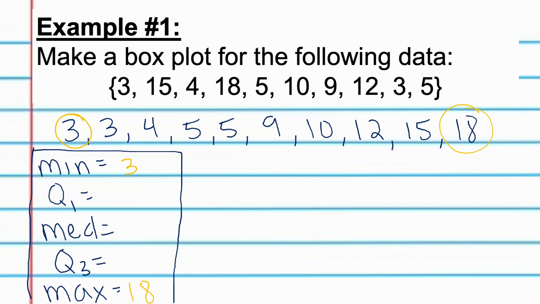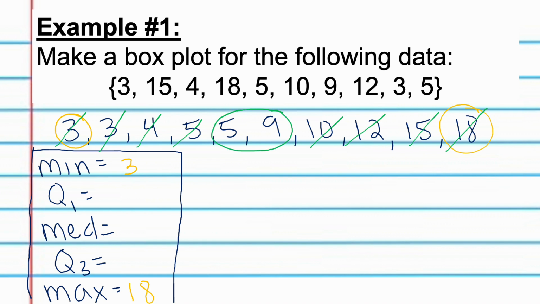The next thing we need to find is our median. So to find the median, we cross off as we go, starting with our left, right, left, right, left, right, left, right. Oh boy, we're stuck with 2 in the middle.